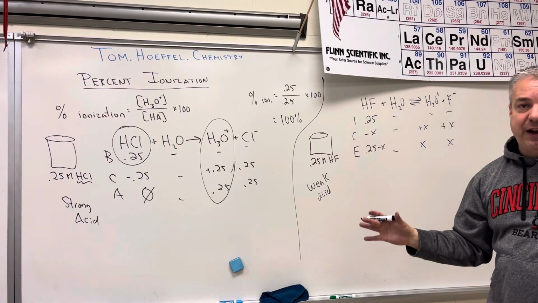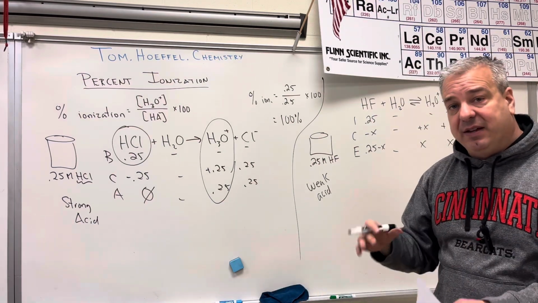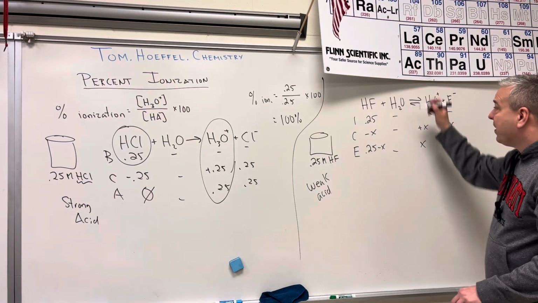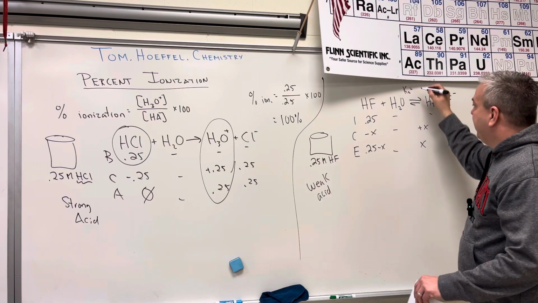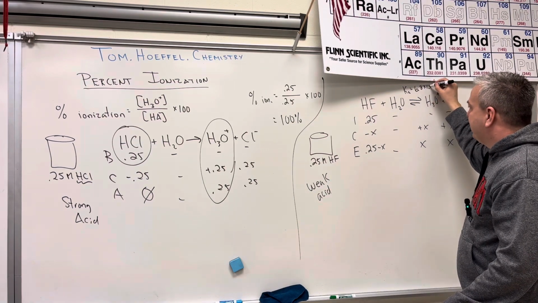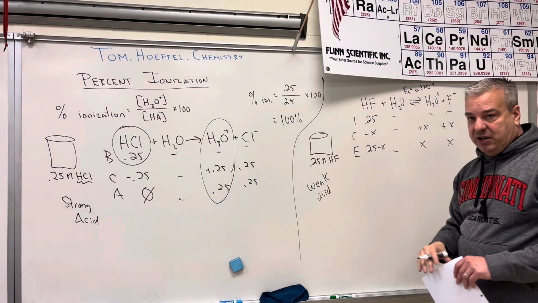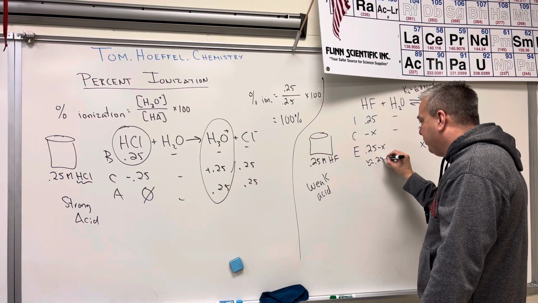And if I'm going too fast here, it's on purpose. If you want further details on this, this is in a previous video on how I did all these calculations, okay? But we're going to look up the Ka value, and it ends up being 6.8 times 10 to the negative 4. Well, with 10 to the negative 4 and a concentration of 0.25, I feel really good about using the approximation method.